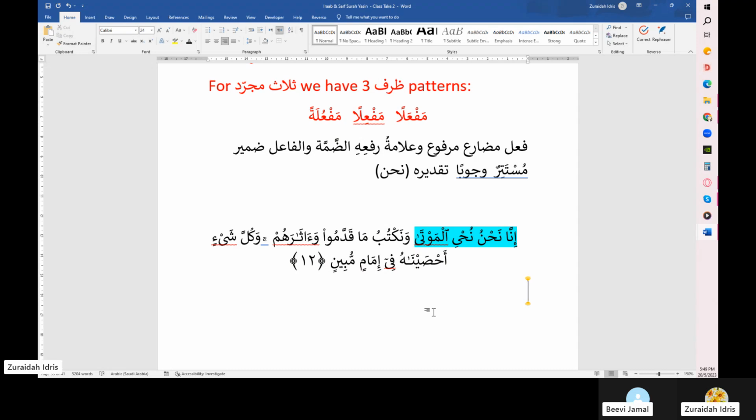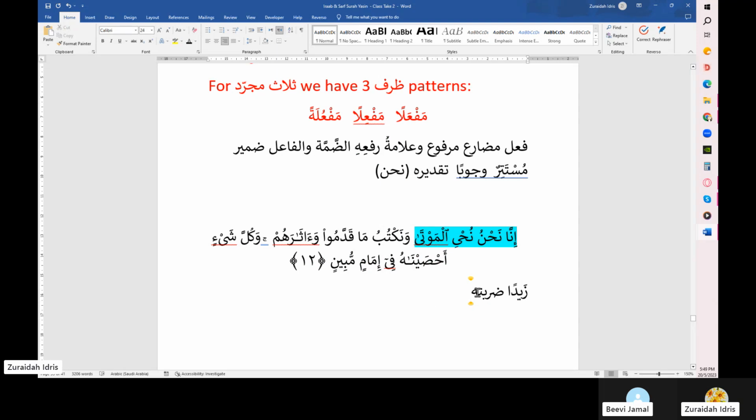But na'budu doesn't have another maf'ul bihi. Is there a term for when something is busy with something else? Ishtighal? Yes, good.